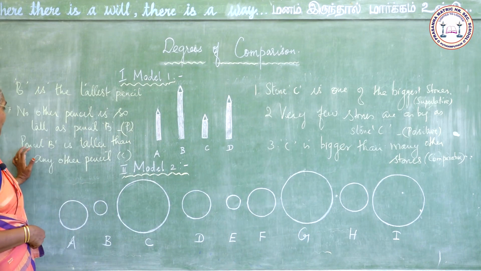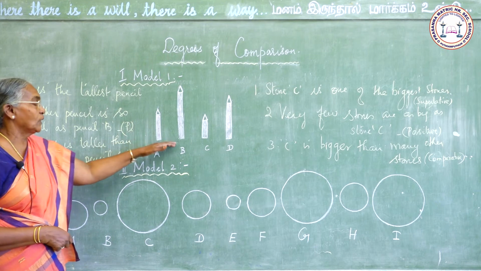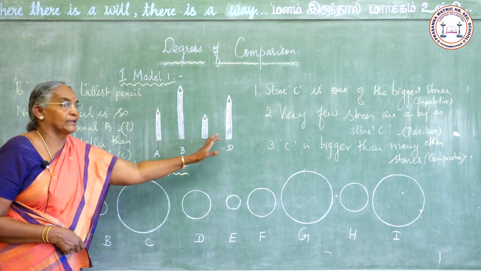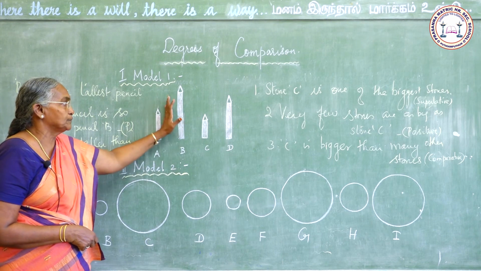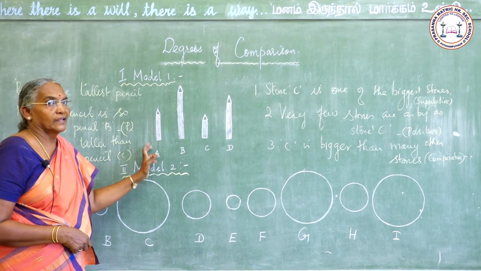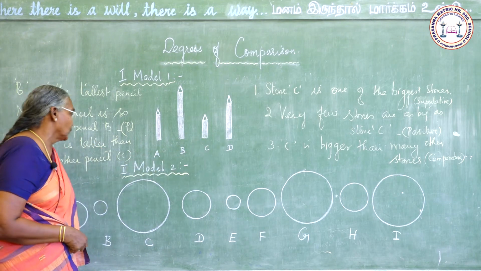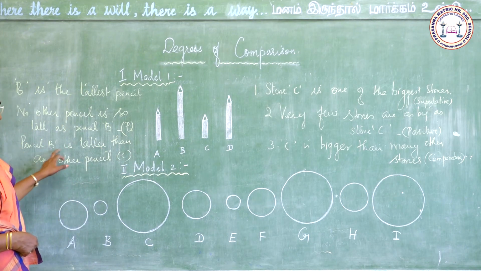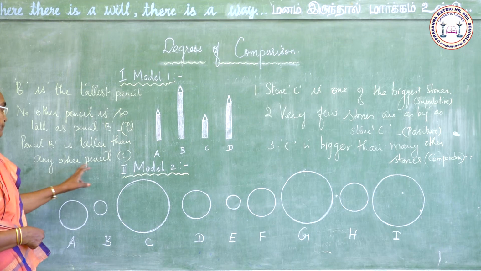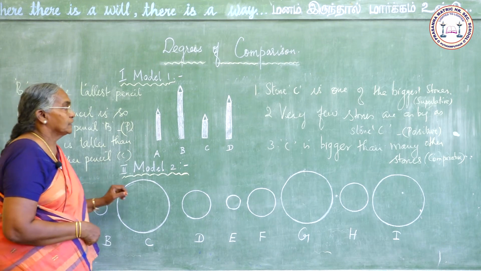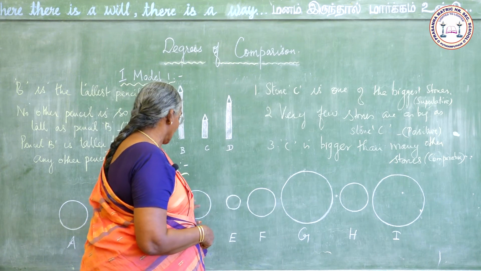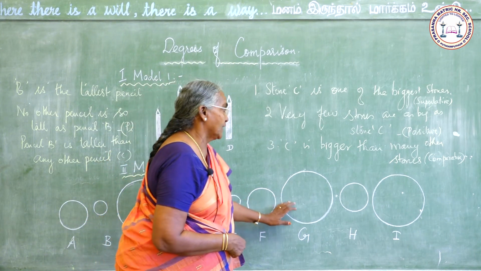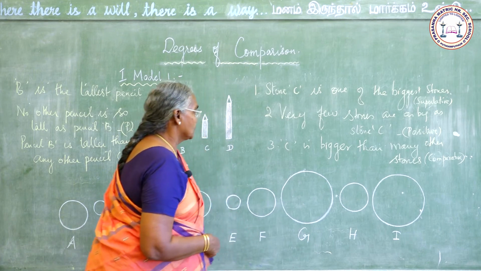Then pencil B is taller than any other pencil. It is the tallest pencil. No other pencil is so tall as this pencil. It is taller than any other pencil in this group. Pencil B is taller than any other pencil, in the comparative. Here, stone C is bigger than many other stones.